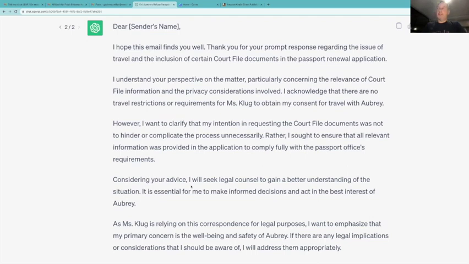So they sent an offer to settle back on August 1st, threatening to charge me for $20,000 in legal fees if I didn't comply with giving away my rights to my son.